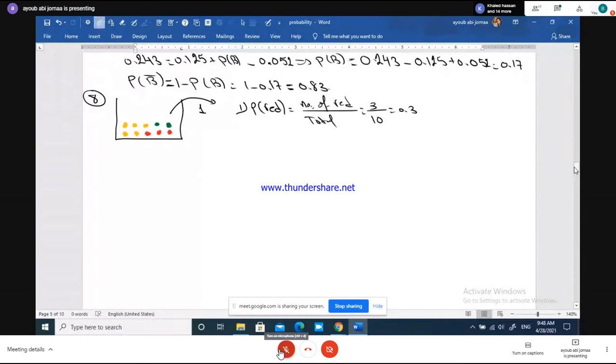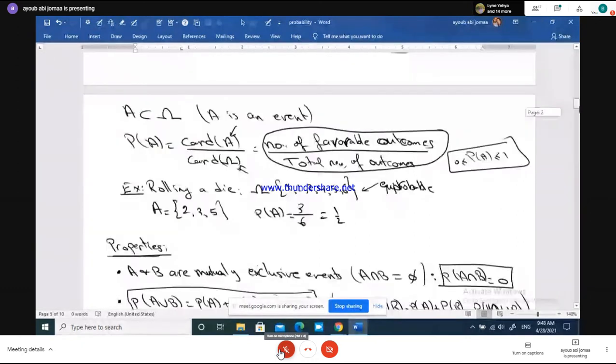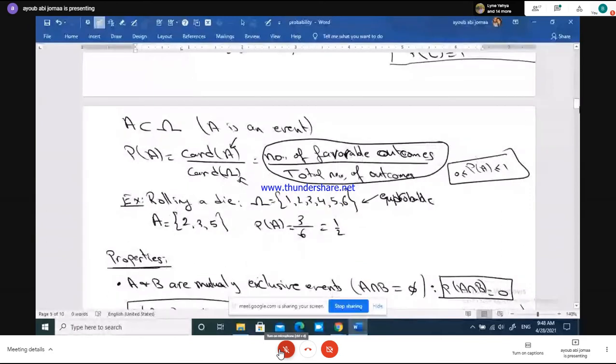Like when we were working on the example of rolling a die. The sample space is the set of numbers from 1 to 6. Event A: the number is prime. Probability of A is the cardinal of A, which is 3, over the cardinal of the sample space, 6. So we said 3 over 6.